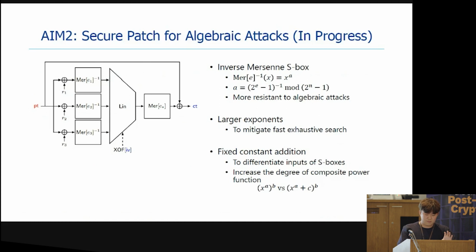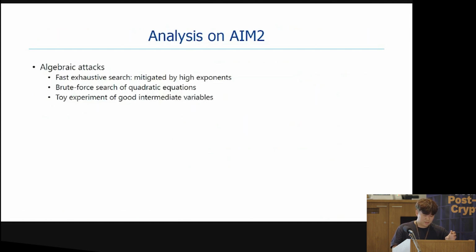And we will use a fixed constant addition, because we use the parallel structure of the S-boxes in the first round, and it does not differentiate well in AIM version 1. So we want to differentiate the inputs of the S-boxes. We are now working on analysis of AIM2.